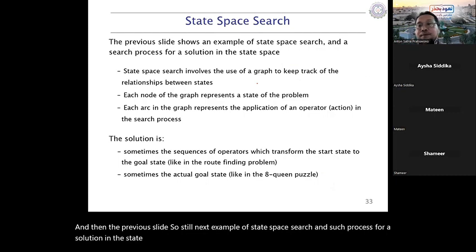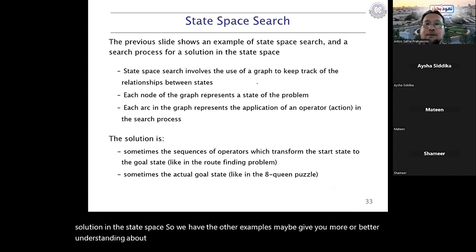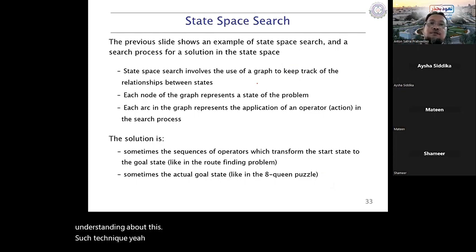We have other examples that may give you a better understanding of this technique. State space search involves the use of a graph to keep track of the relationship between states.